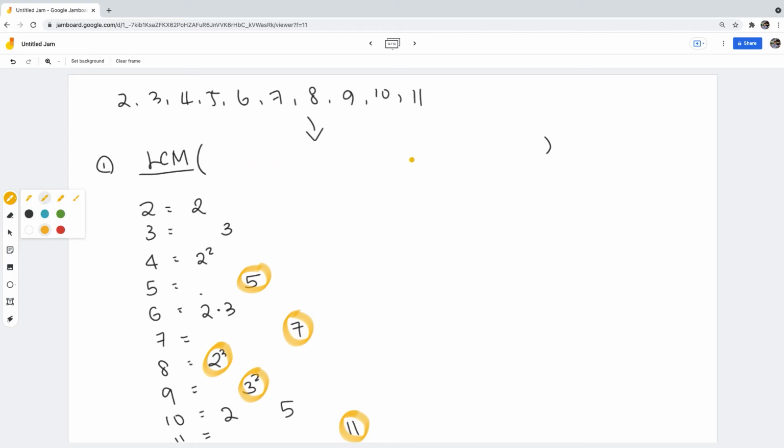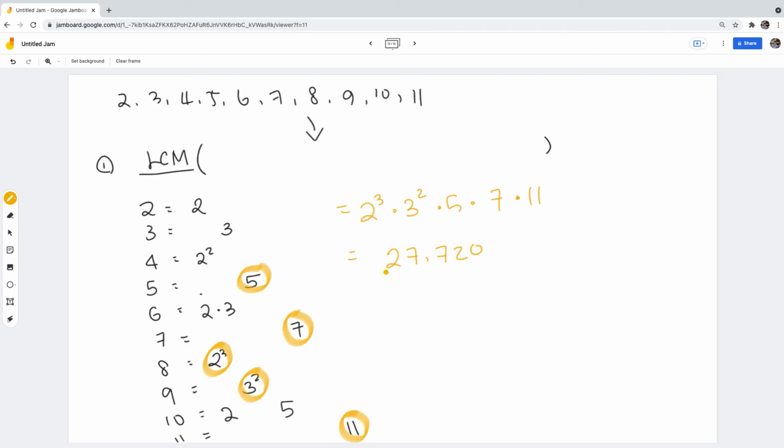So the least common multiple of all of these is equal to 2 cubed times 3 squared times 5 times 7 times 11. If you punch your calculator, you will have this number, 27,720.